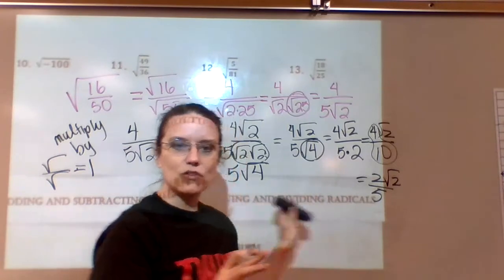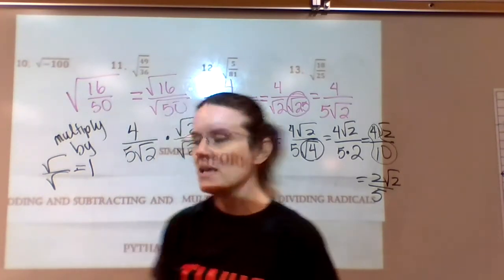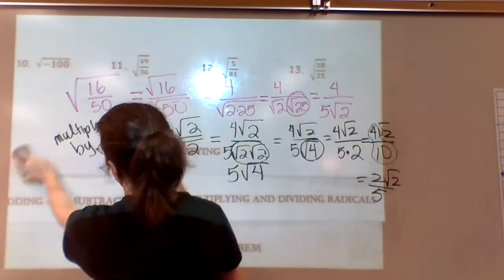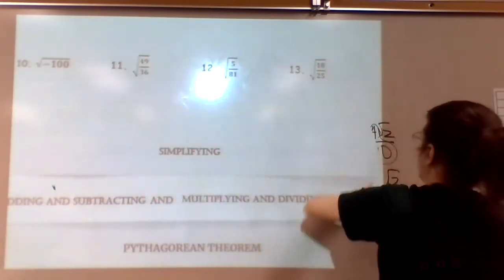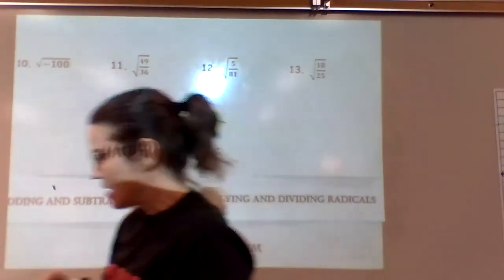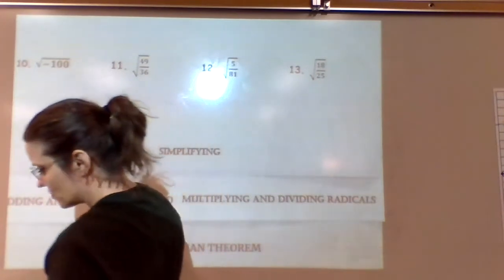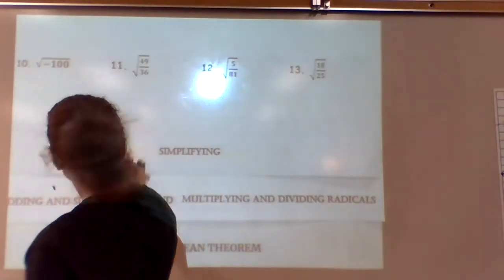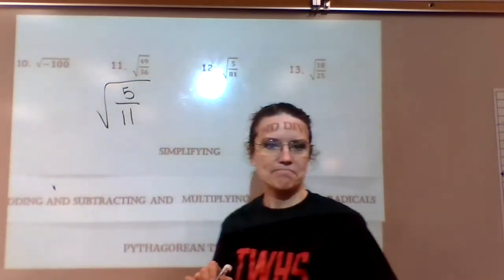Yes, it seems like a long string, but just focus on one little piece at a time, and you're going to be okay. So I'm going to put a new, fresh problem up here and walk you through it so we can see how it's done. So I've got, let's see, the square root of 5/11.